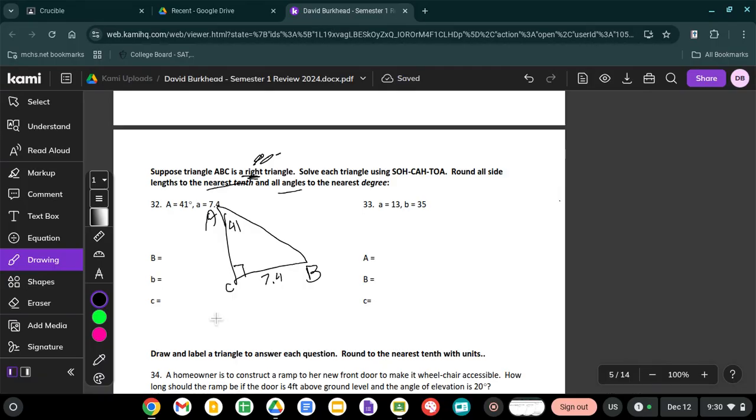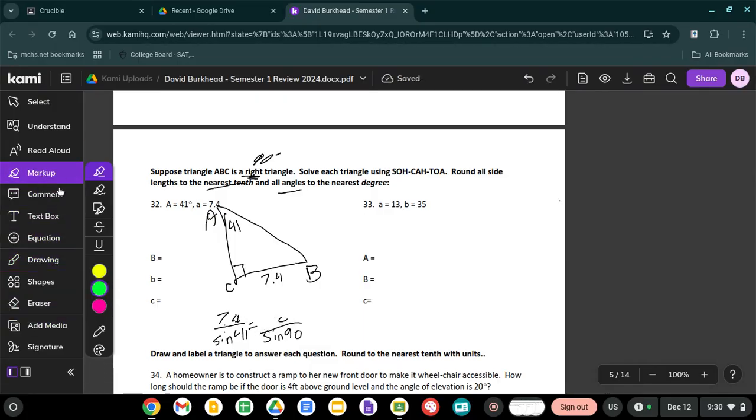So you put the length over the angle, sine angle. So that's length A over angle A. And let's say we're trying to solve for side C. Since we already have a given angle, we can do that. Sine 90, since it's the angle on the bottom, over length C. Now what you do is cross multiply.